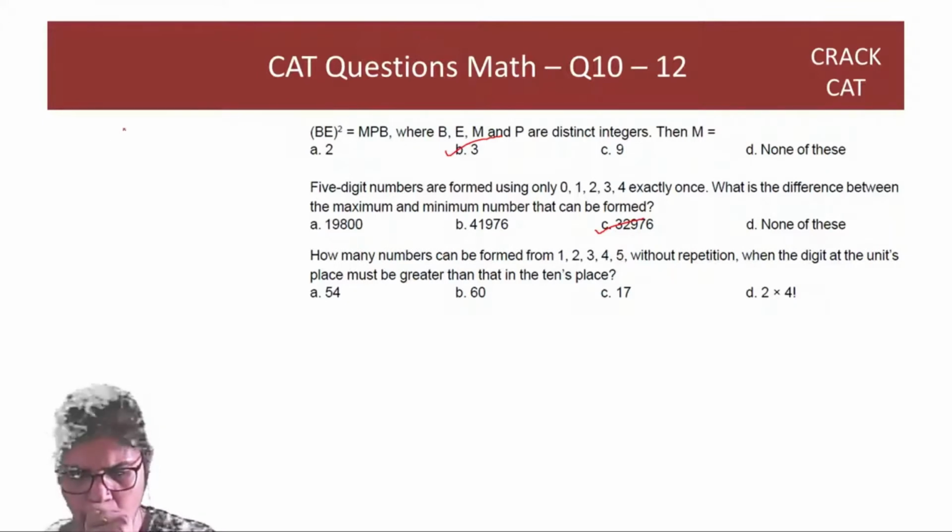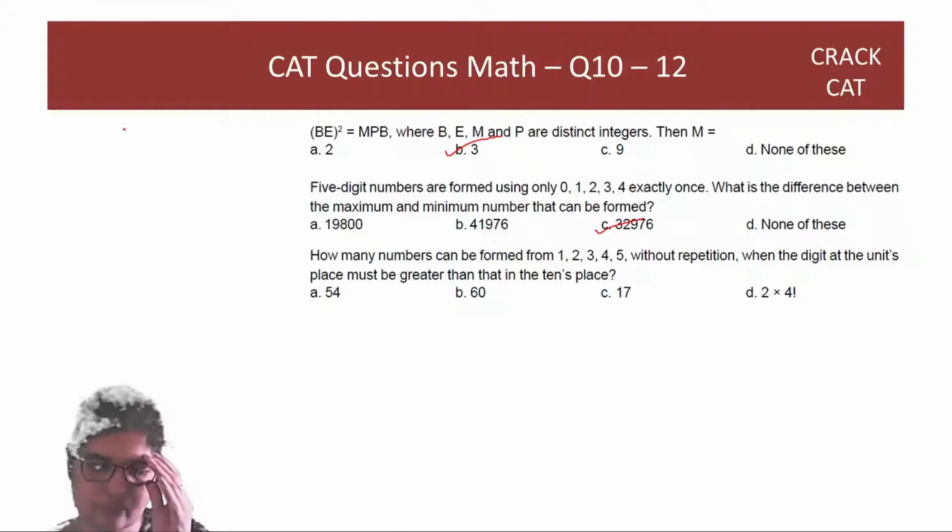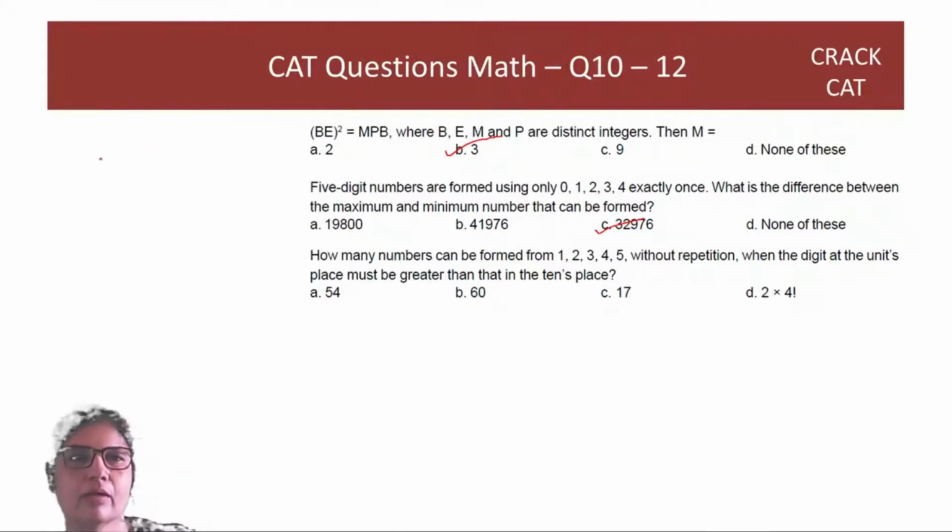So the digit in the units place cannot be 1 because it is greater than the tens place and there is no repetition.